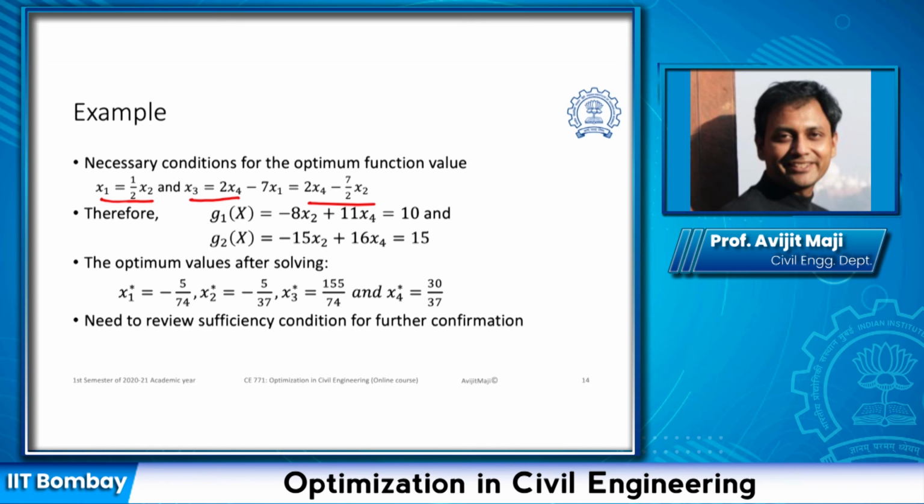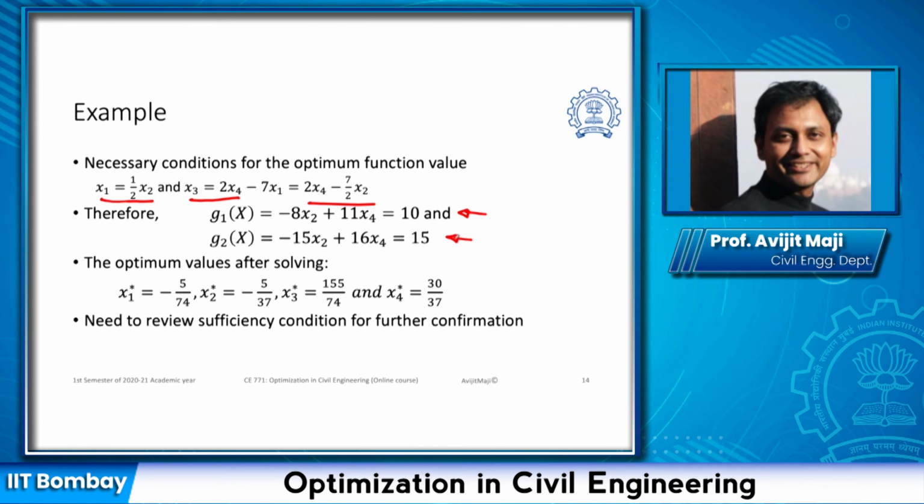If we replace the values of x1 and x3 in the constraint equations, then we can represent the constraint equations in the form of x2 and x4, which is shown here, and these constraints are equal to 10 and 15.